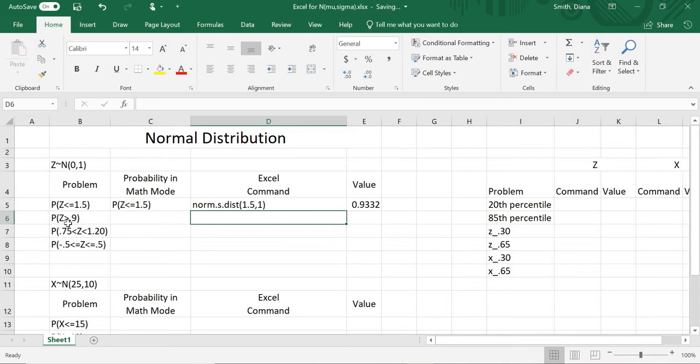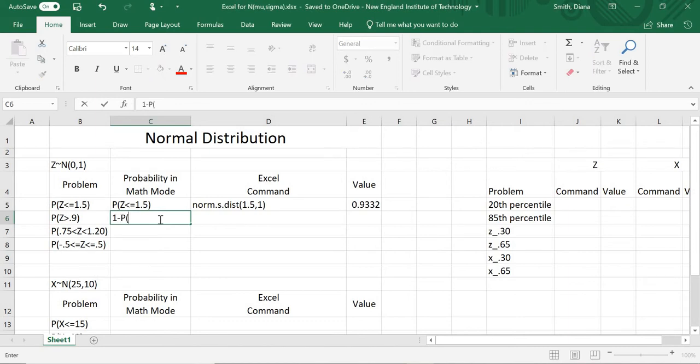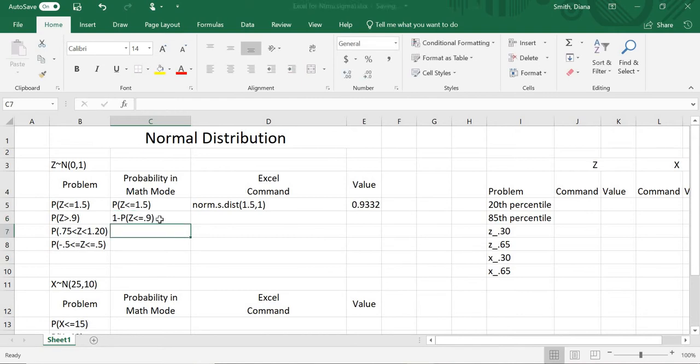If I have the probability that Z is greater than a value, I need to change it to be less than or equal to, and I do that by looking at the complement. So the probability that Z is greater than 0.9 is the same as 1 minus the probability that Z is less than or equal to 0.9. So we're going to use complements here.